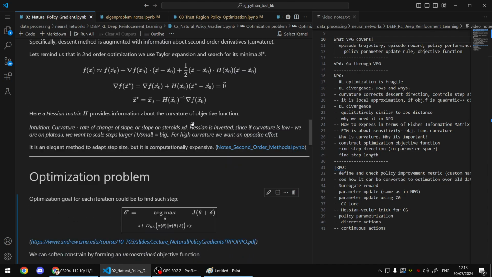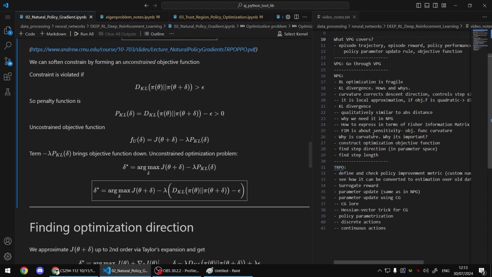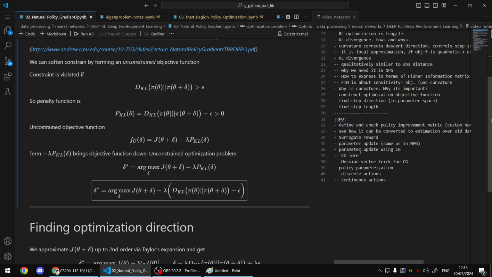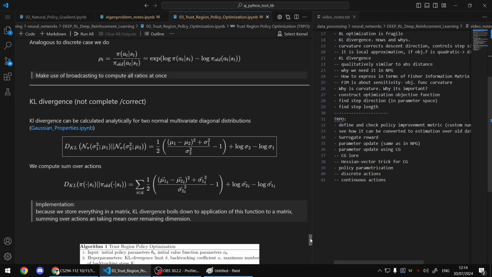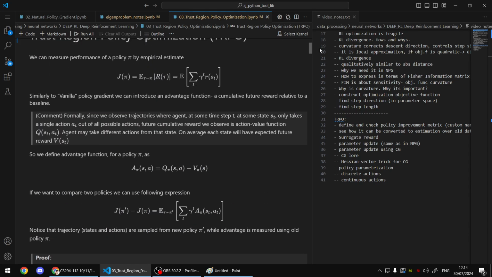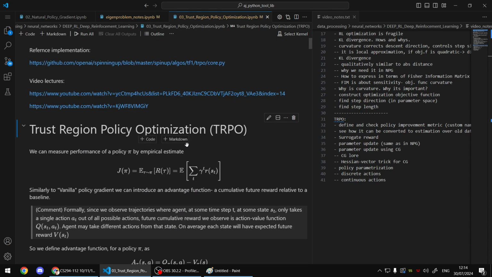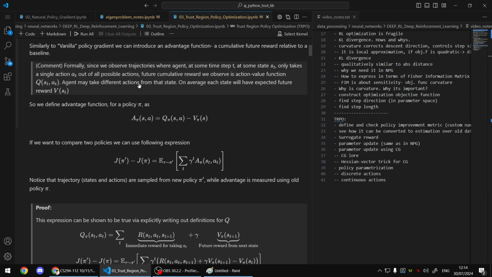That's a brief overview of what we did previously, and now we will discuss what we will do in this lecture. We will start with the same definition of performance, but we will redefine how we improve it.